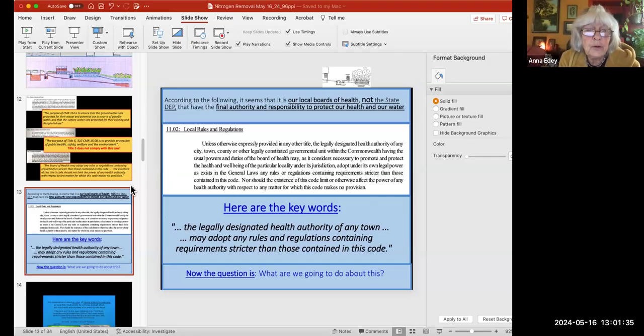That way there would be almost no nitrogen coming into the pond because it would be consumed by the plants that are surrounding the pond.